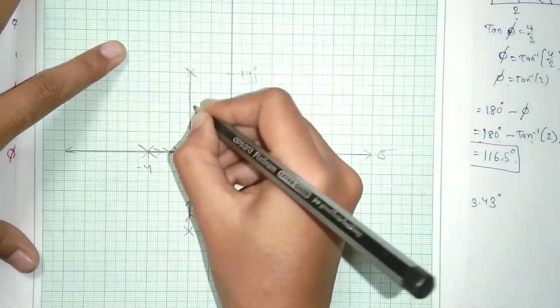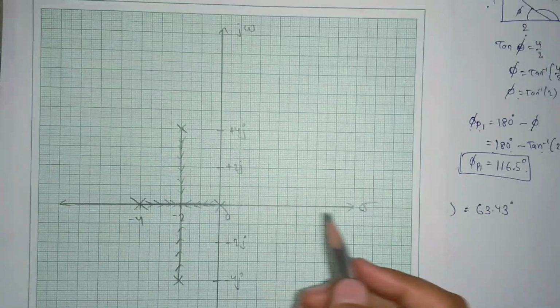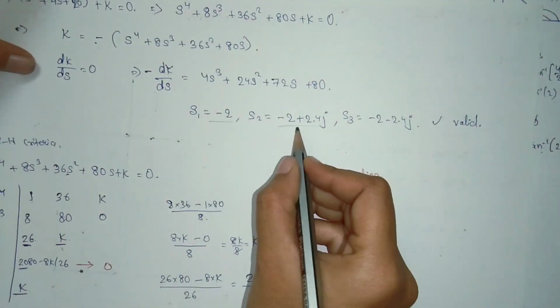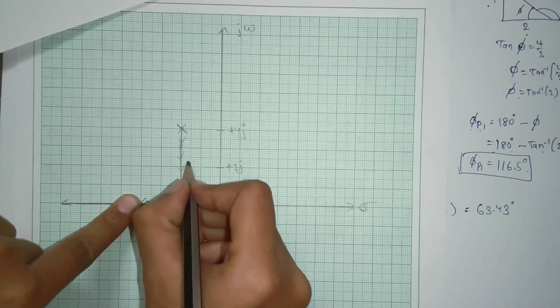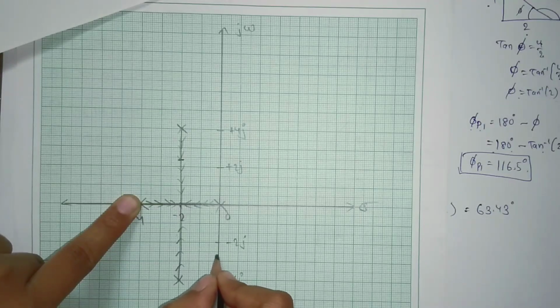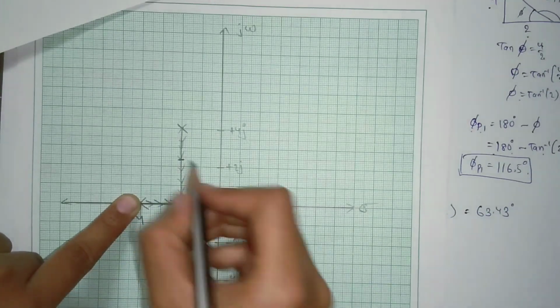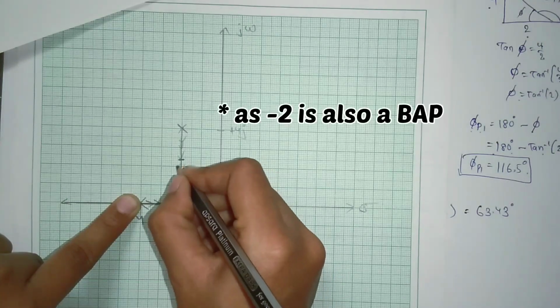So now we require breakaway points. We got breakaway points as minus 2 and minus 2.4j. So minus 2 is here, and 2.4j is somewhere here and minus 2.4j is somewhere here. So these are the breakaway points, and from minus 2 also we have to draw some arrows.